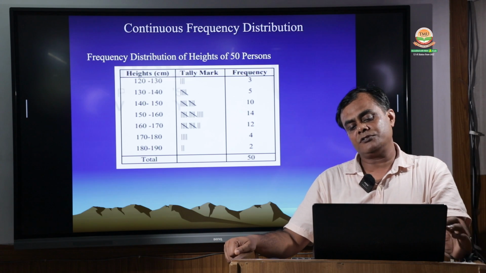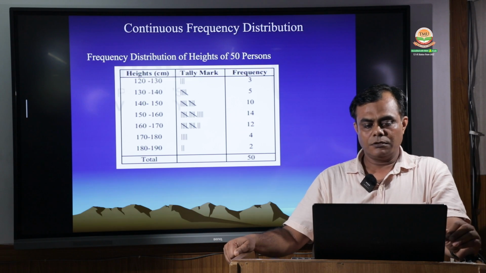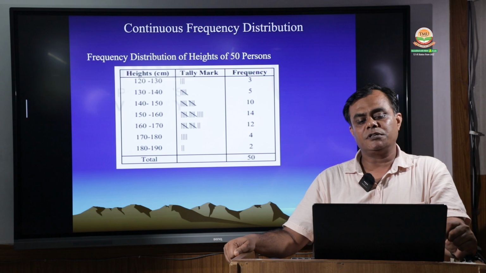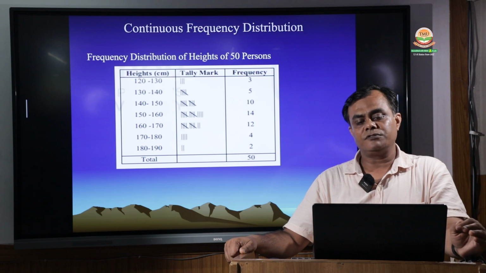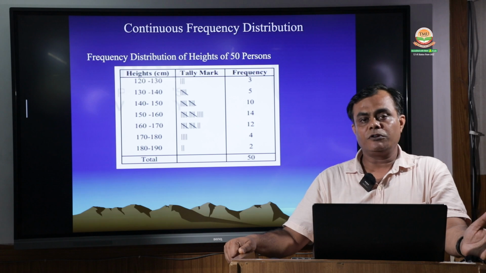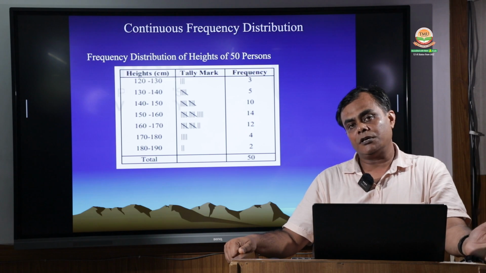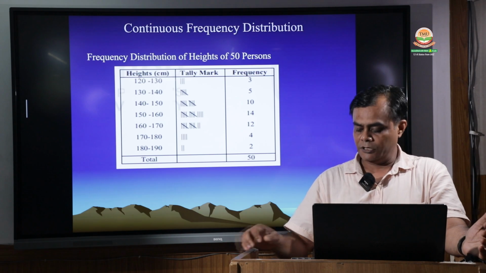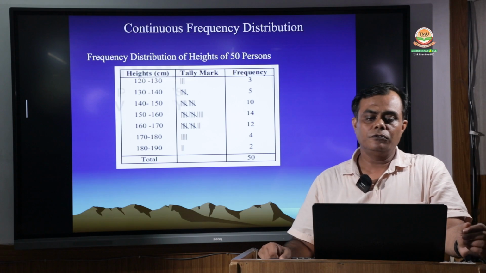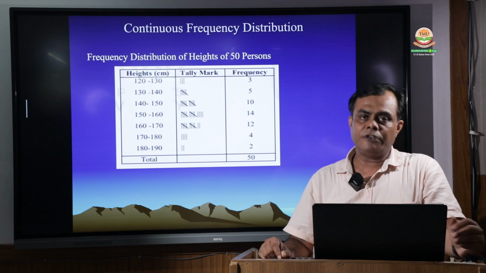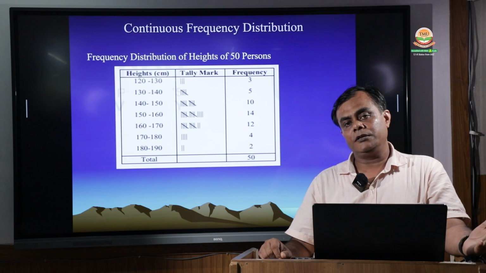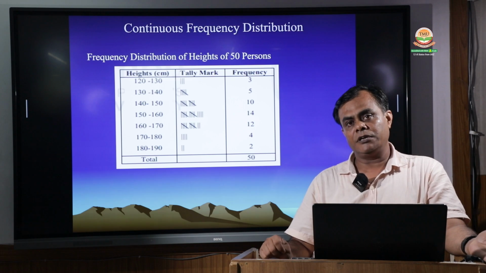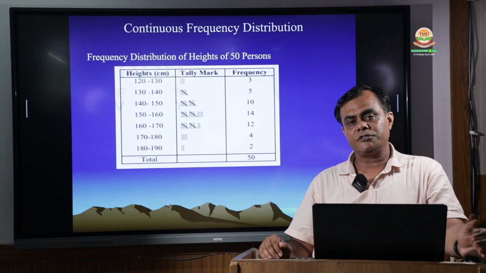So here the height of 50 persons is a continuous variable, because we can use decimal or fractional values. When we are using fractional or decimal values, that is a continuous frequency distribution.